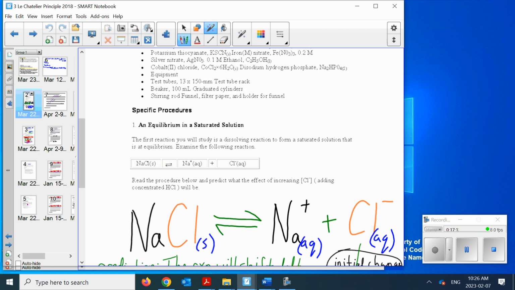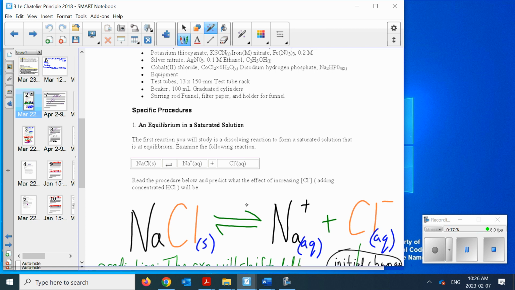Forward or reverse? Reverse. It's got to go this way more than that. When it does that, it should make more solid sodium chloride, the salt. You should see some particles.